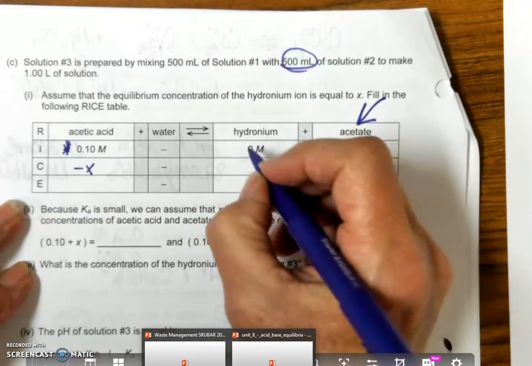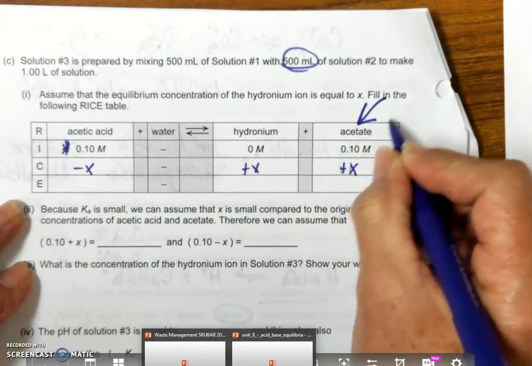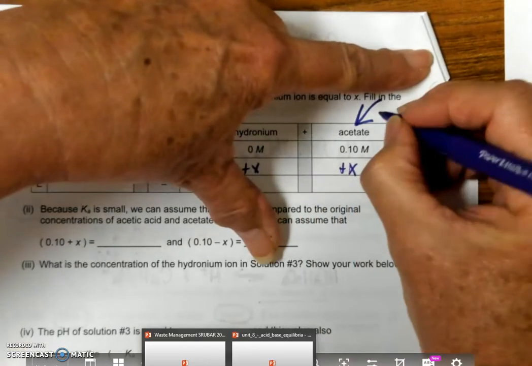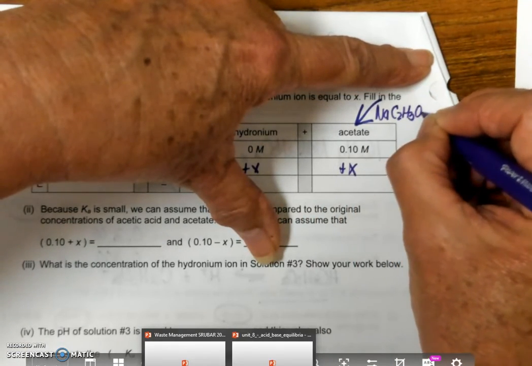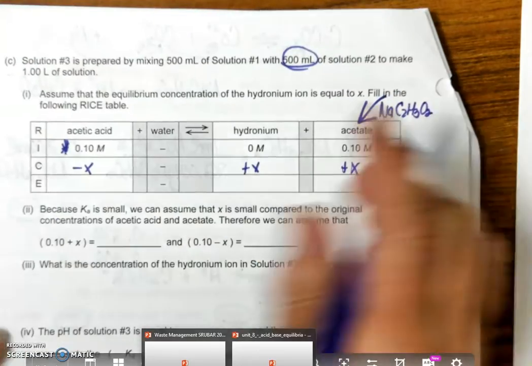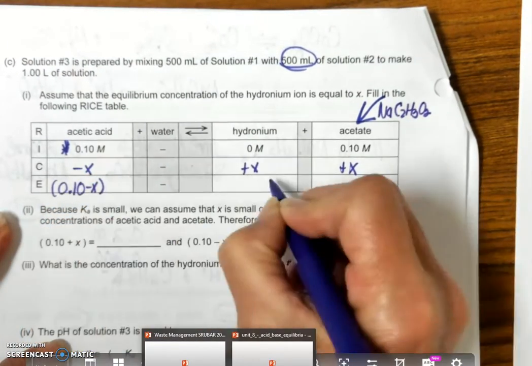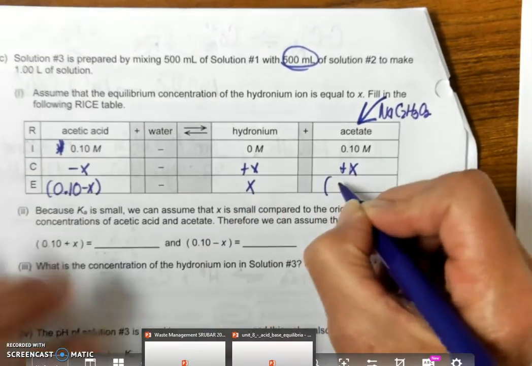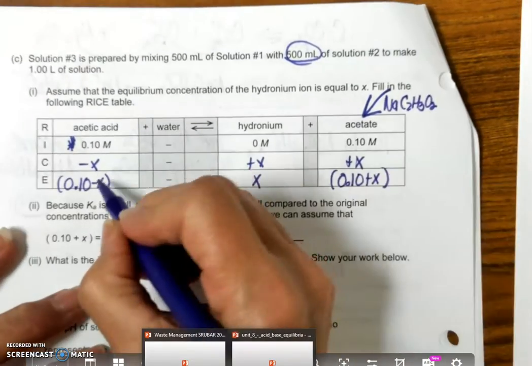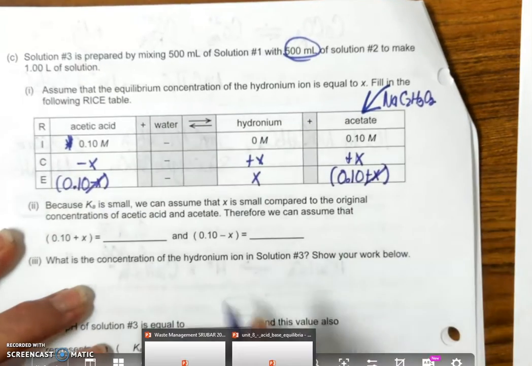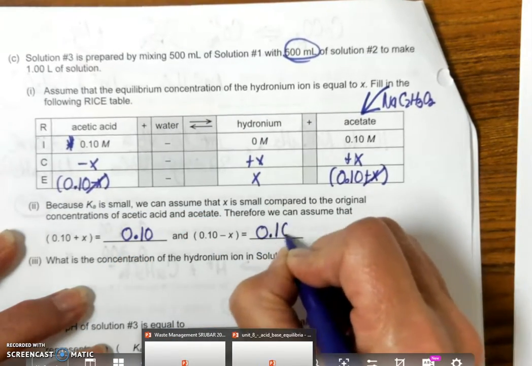This is going to be minus x as usual, plus x, and plus x. Remember, this initial concentration came from the sodium acetate in the last solution that I made. This is going to be 0.1 minus x. This is going to be x, and this is going to be 0.1 plus x. But these x's can go away, so that means this can be 0.10, this can be 0.10.